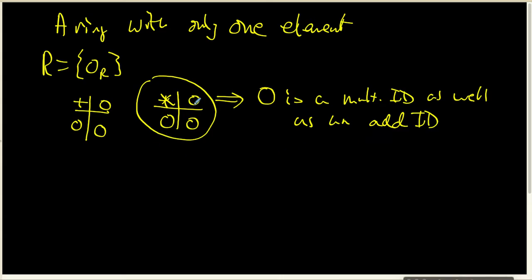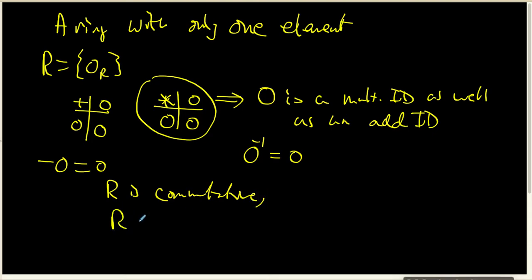And since 0 times 0 is equal to 0, this also says that 0 inverse is just going to be 0. This table says minus 0 is going to be 0. And so in this ring with 1 element, we do have R is commutative.